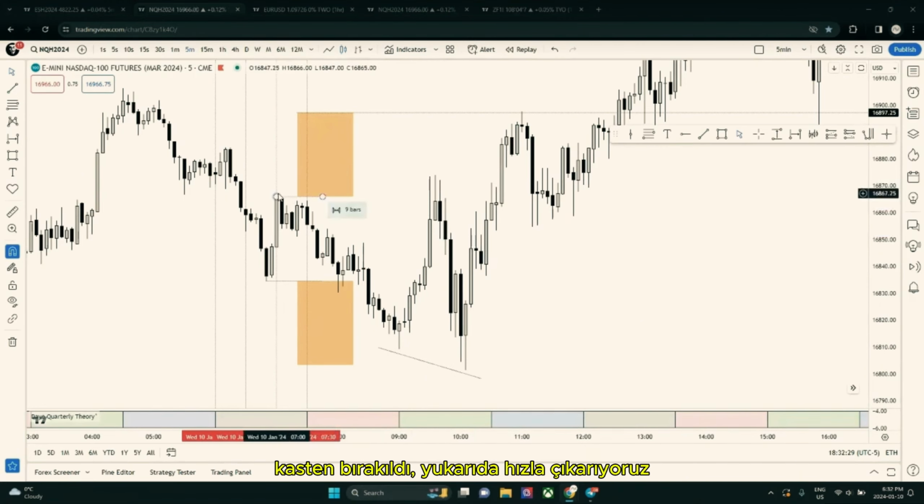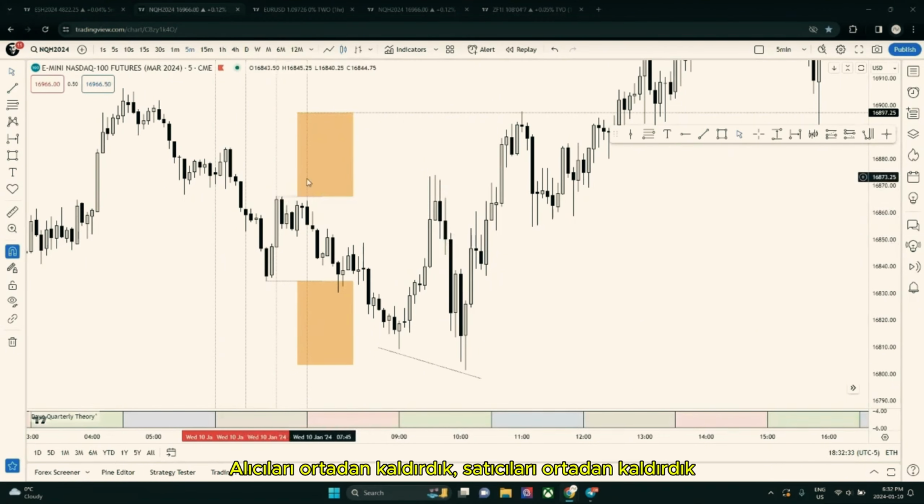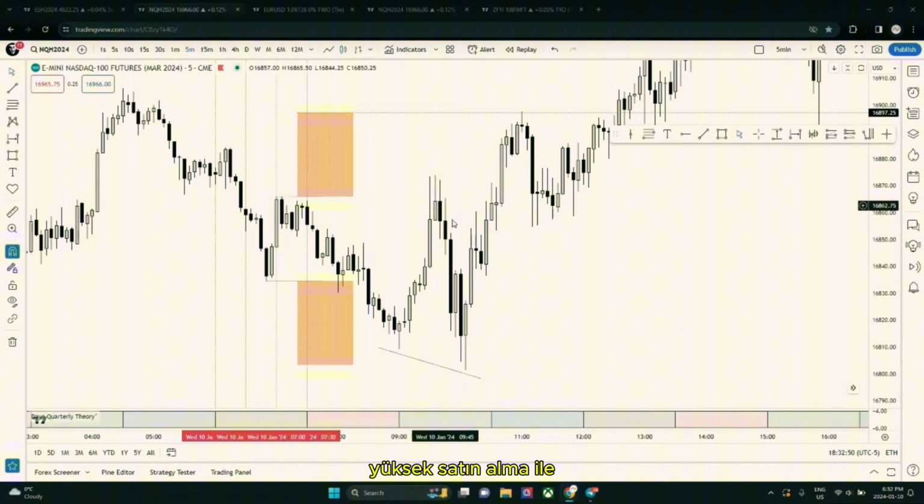We whipsawed above here to take the buy stops above here. We took out sellers here with this move. When price traded down, we took out the buyers that bought above this high with buy stops.